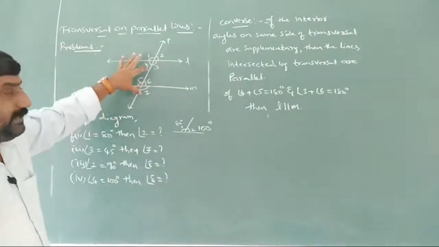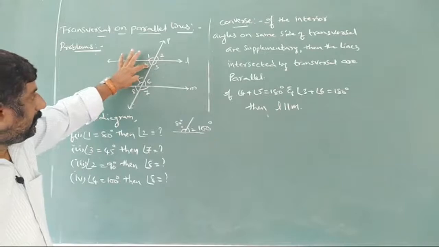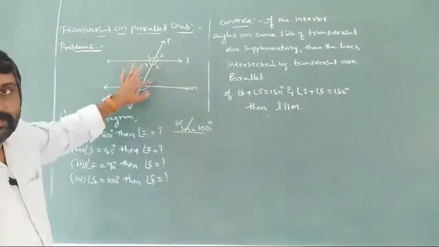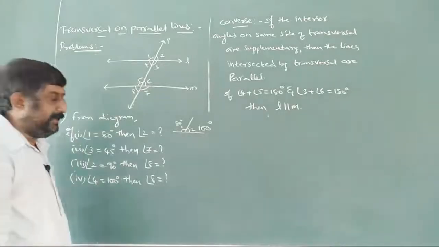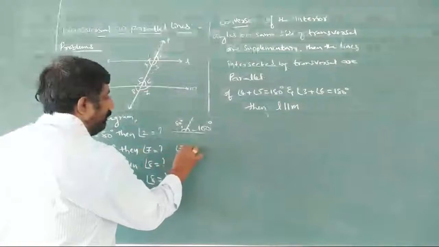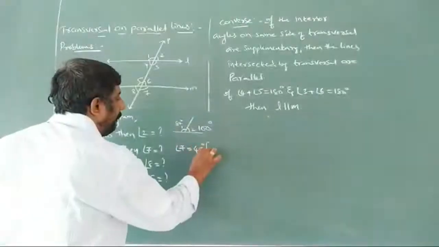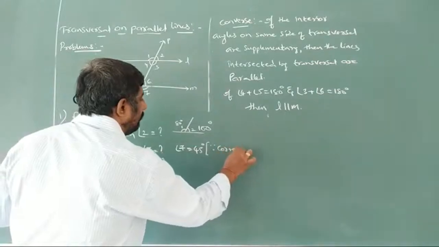And observe here, these are at distinct vertices. So what we can say here, these are nothing but corresponding angles. So 3 is 45, so 7 is also 45 since corresponding angles.